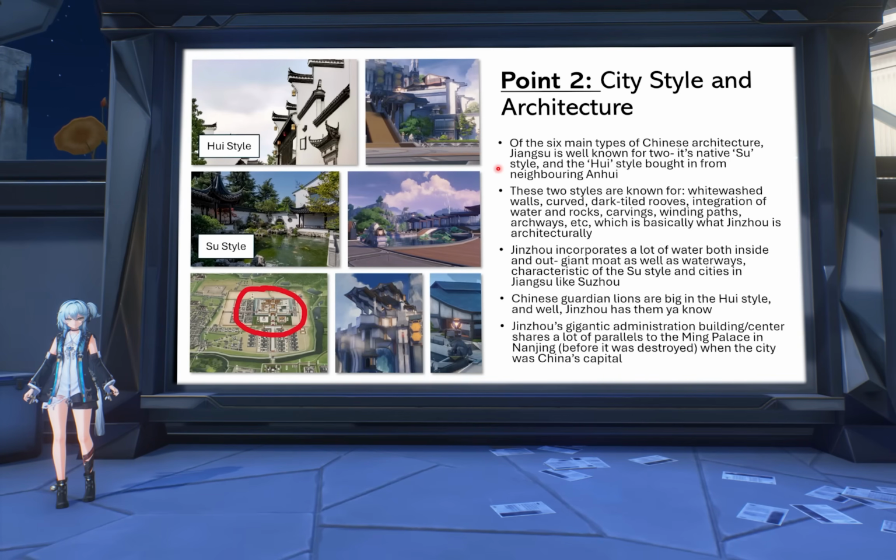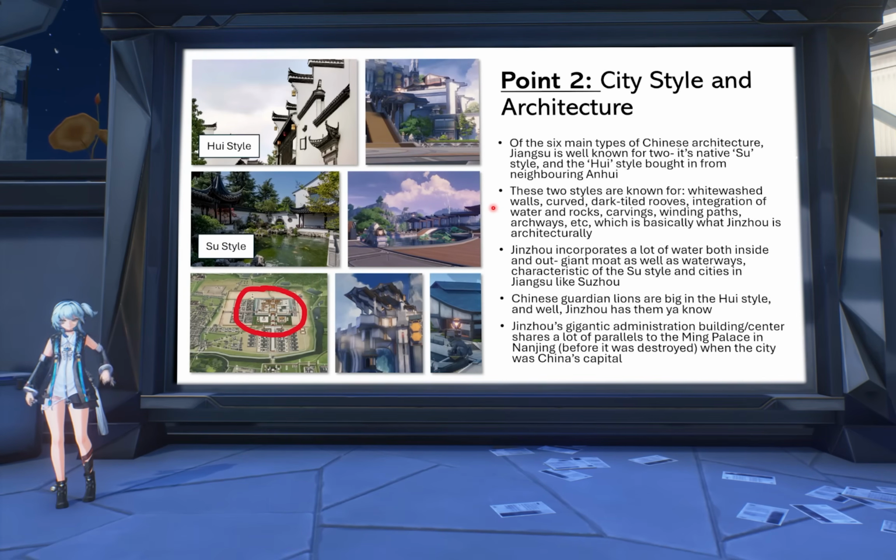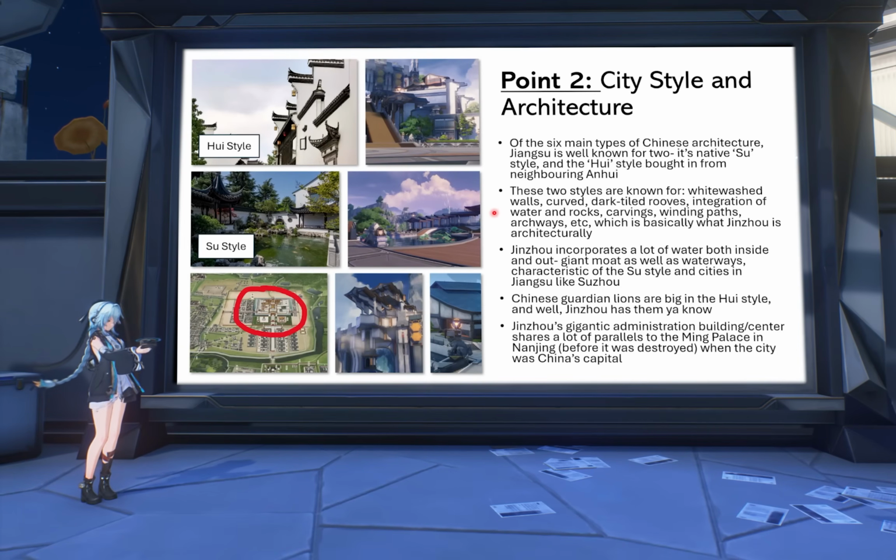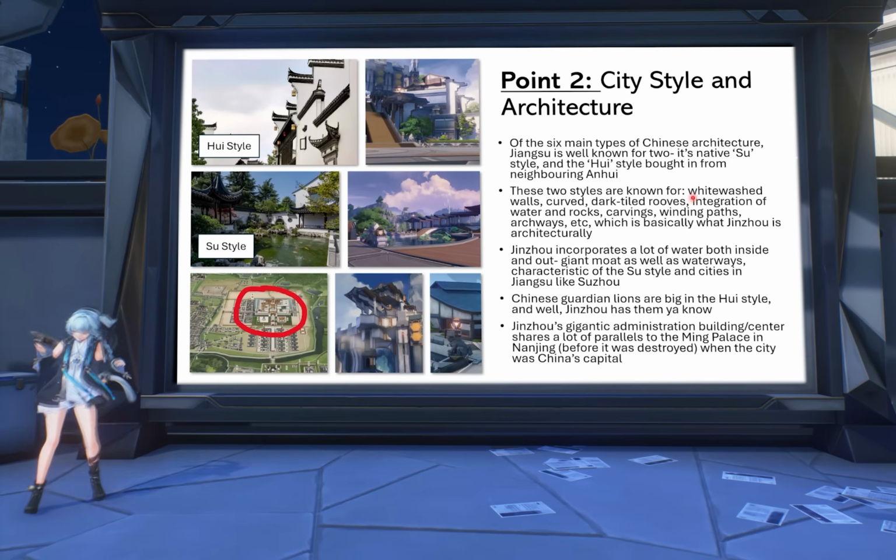And in Jiangsu, you have 2 main styles. You have the native Su style and also the Hui style brought in from Anhui, which is the neighboring province of Jiangsu, right? And these 2 styles are dominant in Jiangsu because they're very similar to one another and they mesh very well together.